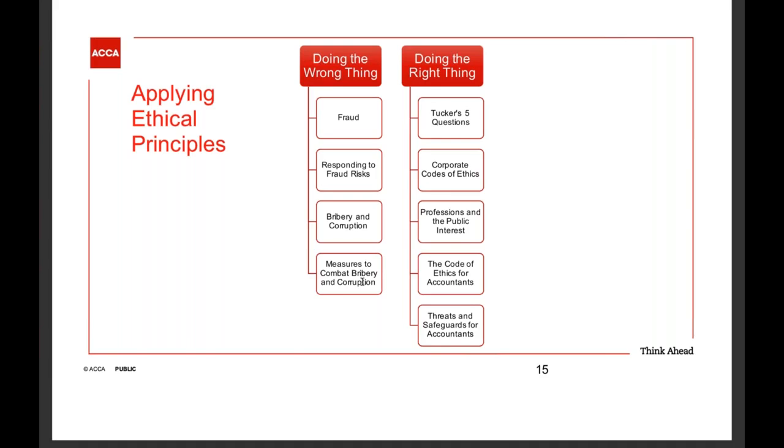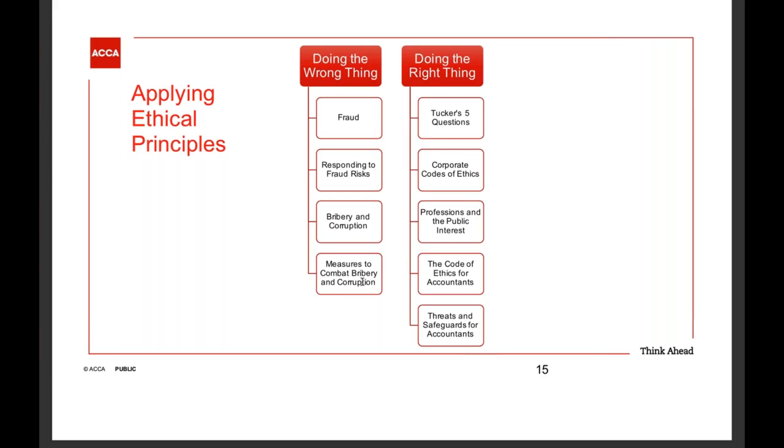You must make sure that whatever procedures you have in place are able to curb your employees or your agents or your third parties or whoever is acting on your behalf from committing that bribery.